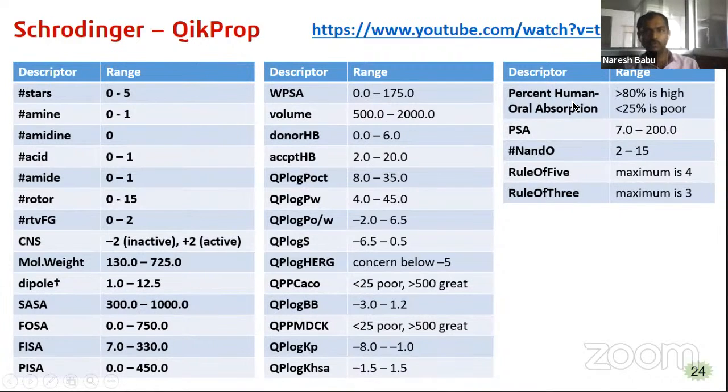And percentage human oral absorption: if it is greater than 80%, it is high oral absorption, and if it is less than 25%, the compound has poor oral absorption. And polar surface area should be 7 to 200. And the number of nitrogens and oxygens in the compound should be 2 to 15, and rule of 5 and rule of 3. So these are the different properties we can estimate in Schrodinger QikProp.